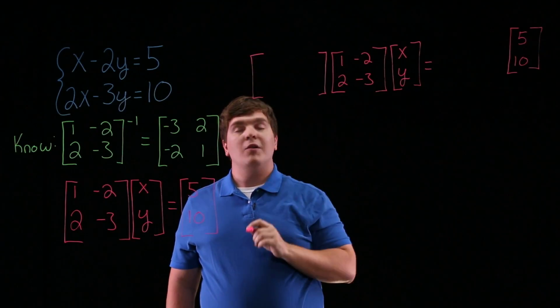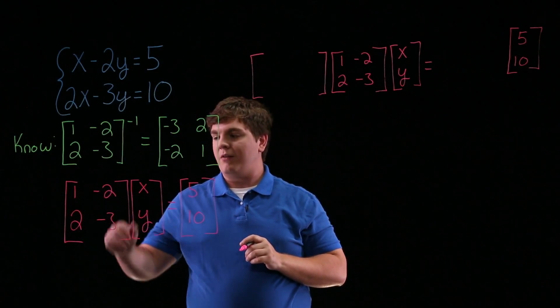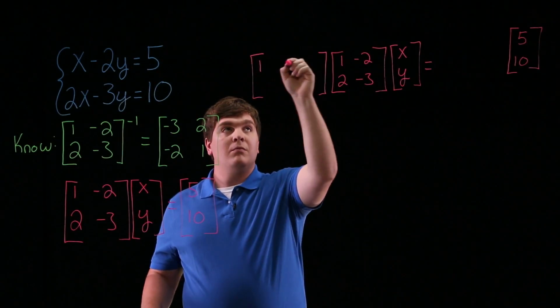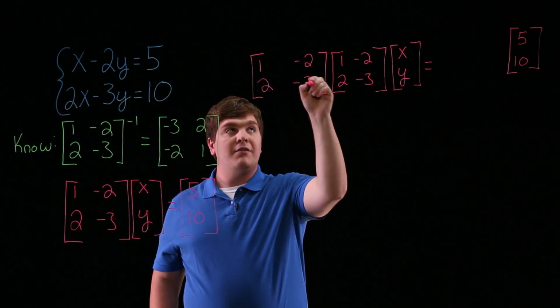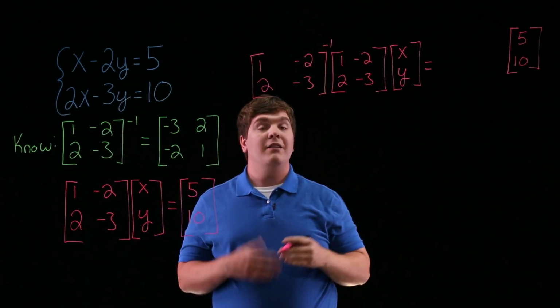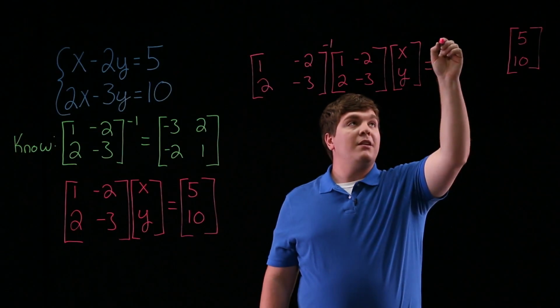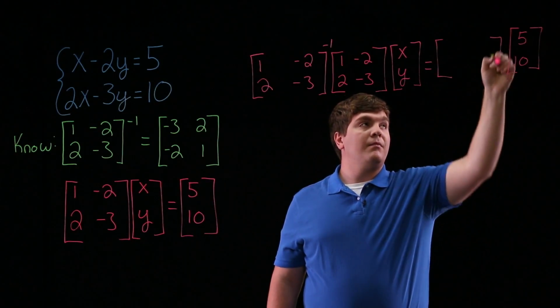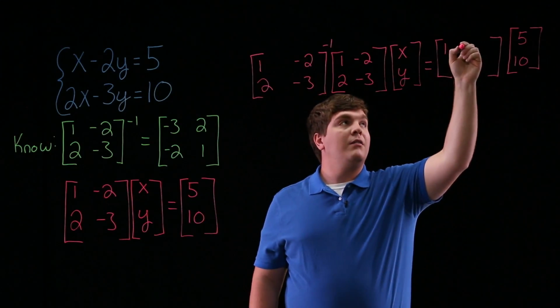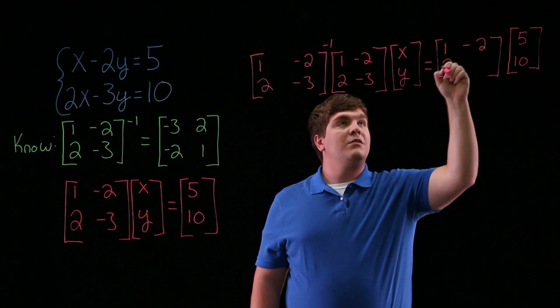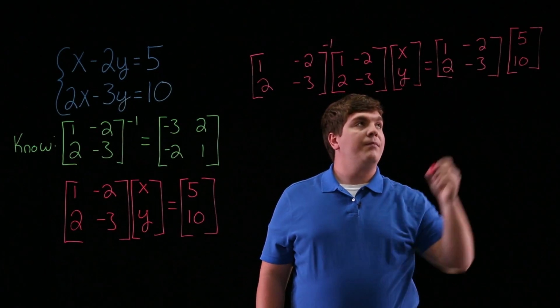So here I'll multiply by 1, -2, 2, -3 inverse, and I'll do the same thing on the right-hand side.